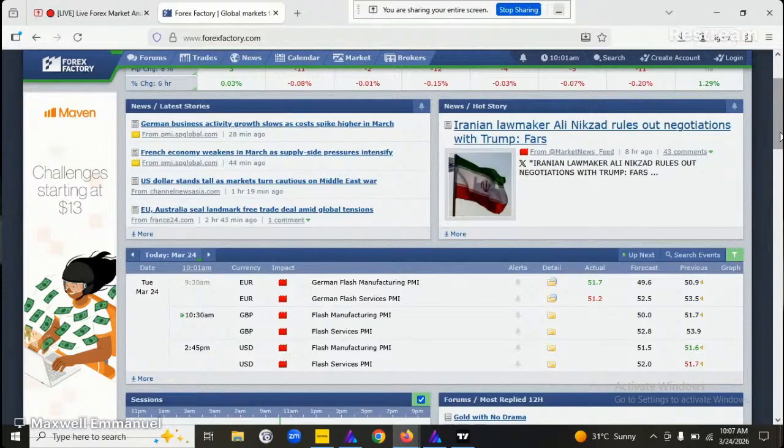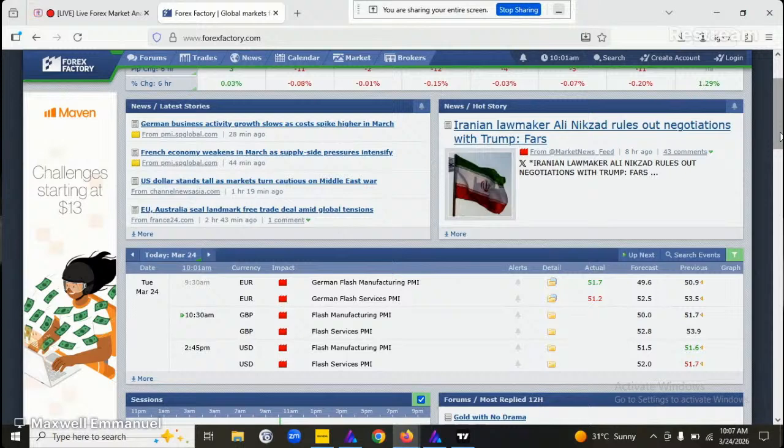If your focus is on USD pairs, then you should wait for the US news to be released before you trade USD pairs. But if you are considering trading cross-currency pairs or exotic pairs, let's say Euro JPY, GBP JPY, you can trade them after the major news has been released.